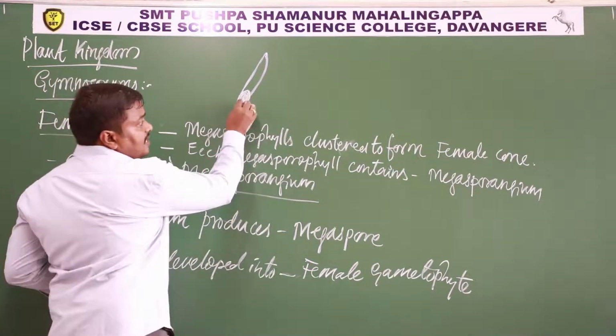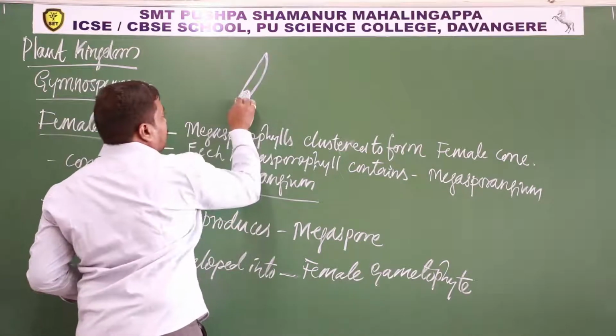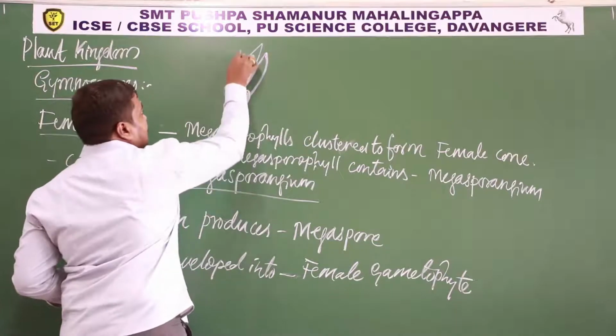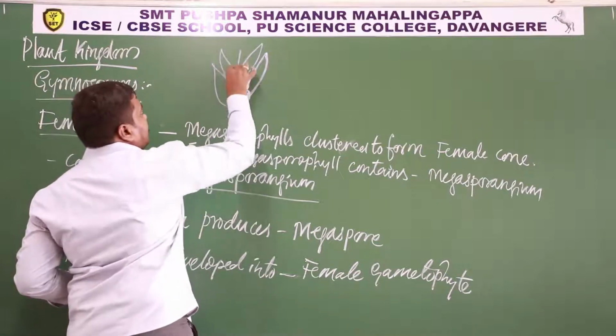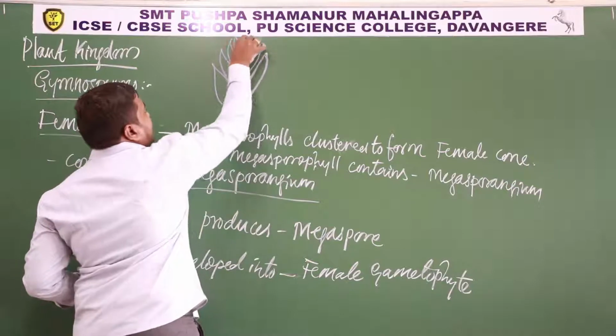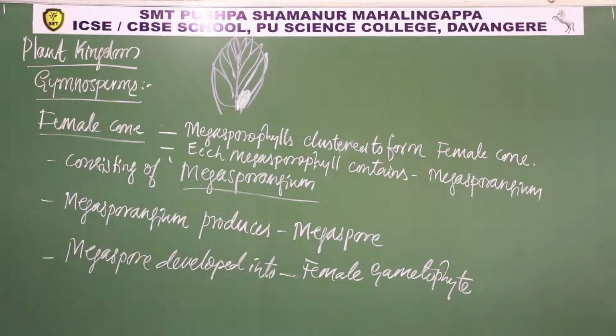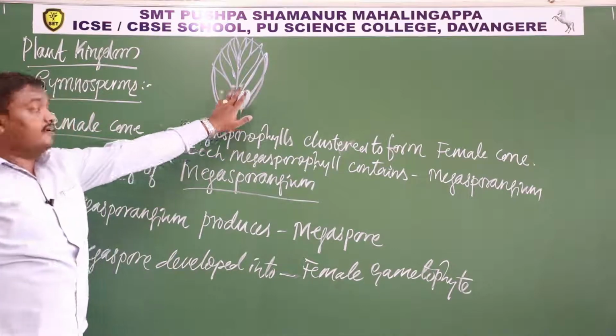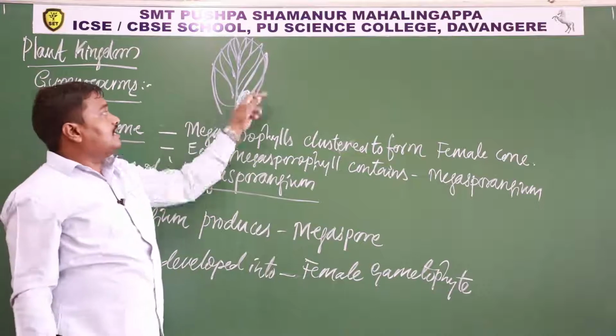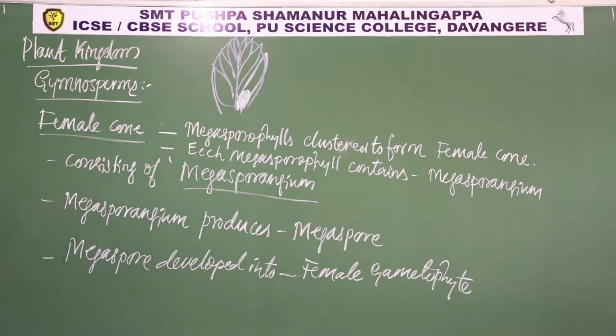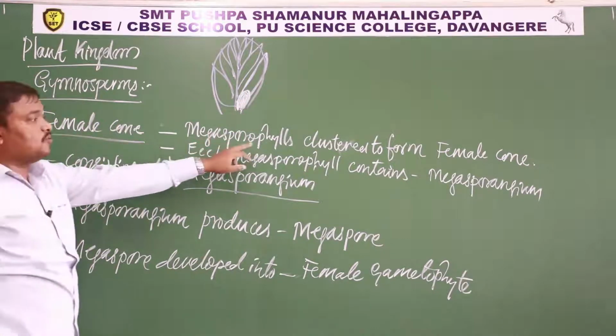Like this, many megasporophylls are clustered together to form a structure called a cone. Let us study the structure of that cone. Hope you understand the diagram I wrote here. The individual leaf-like appendage which produces megaspore is called a megasporophyll.